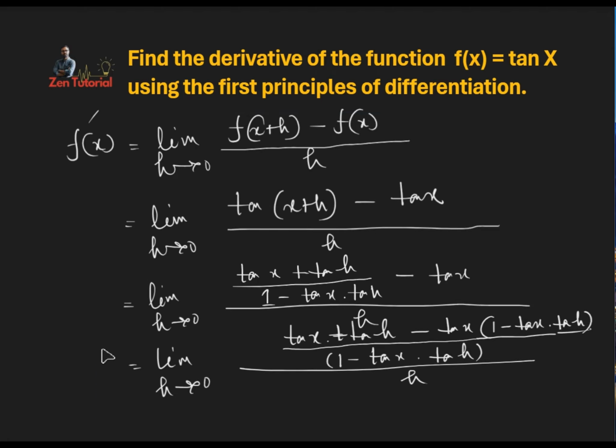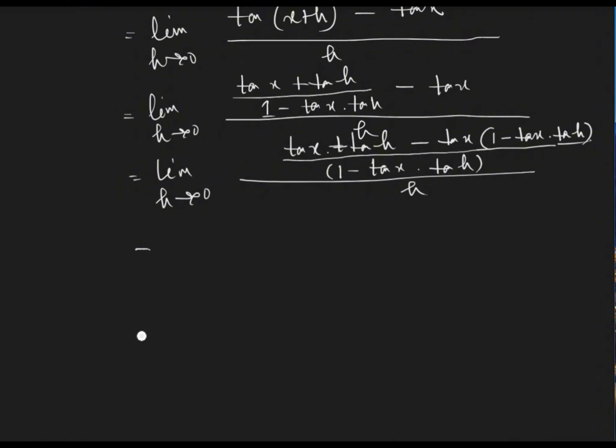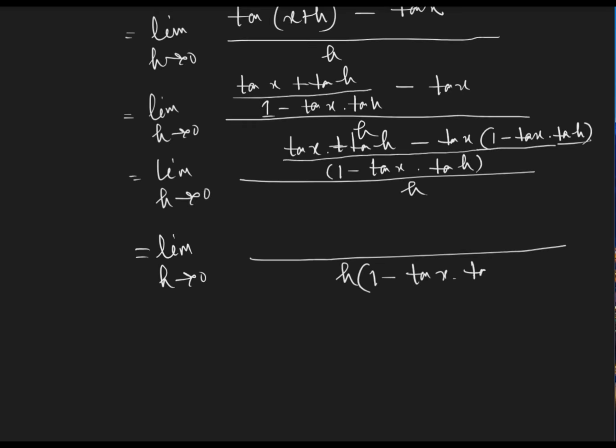Now what we can do, limit h tends to 0, rearrange the equation: 1 minus tan x tan h, and here will be tan x plus tan h minus tan x, and this minus will be plus, tan square x dot tan h, pardon, this will be tan h, right?